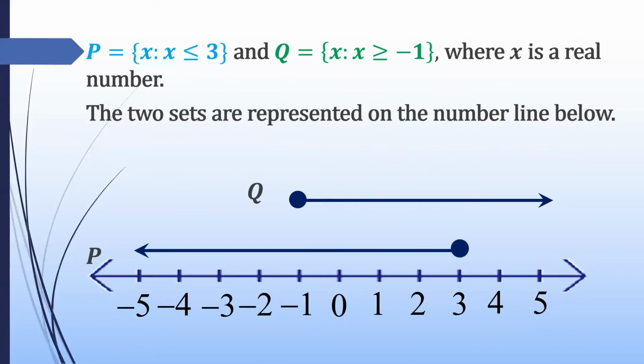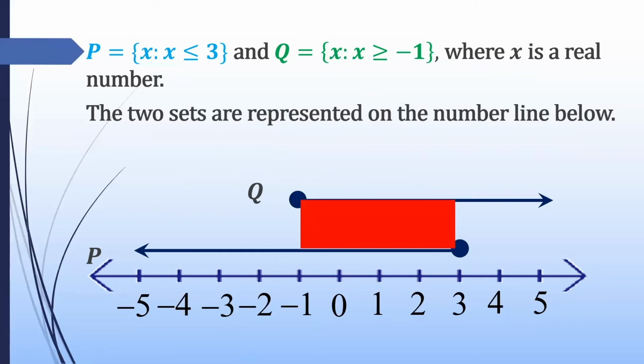That is, I need to find the elements which are common to both set P and set Q. Can you try to see on the number line what are the values which are going to overlap for set P and set Q?